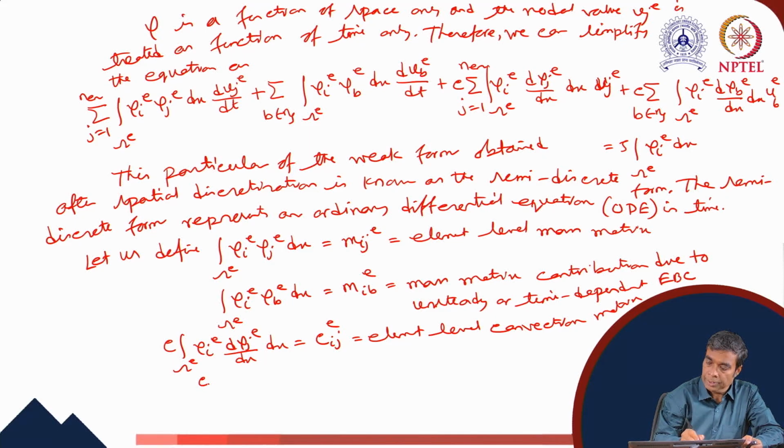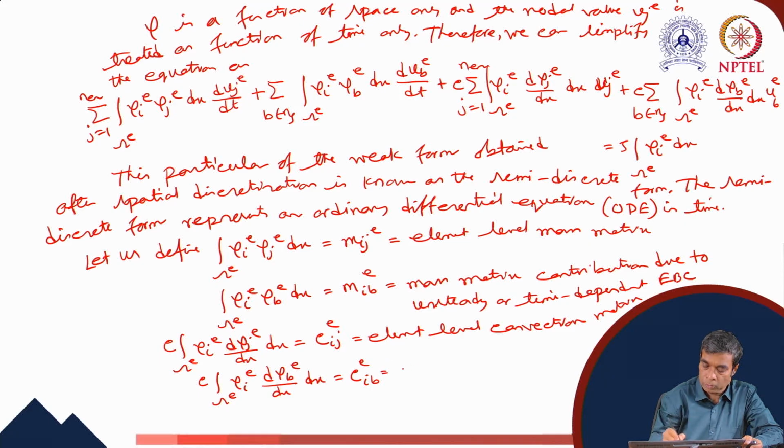C into integration over omega e psi ie d psi be dx equals to C ibe equals to element level convection matrix contribution associated with EBC.